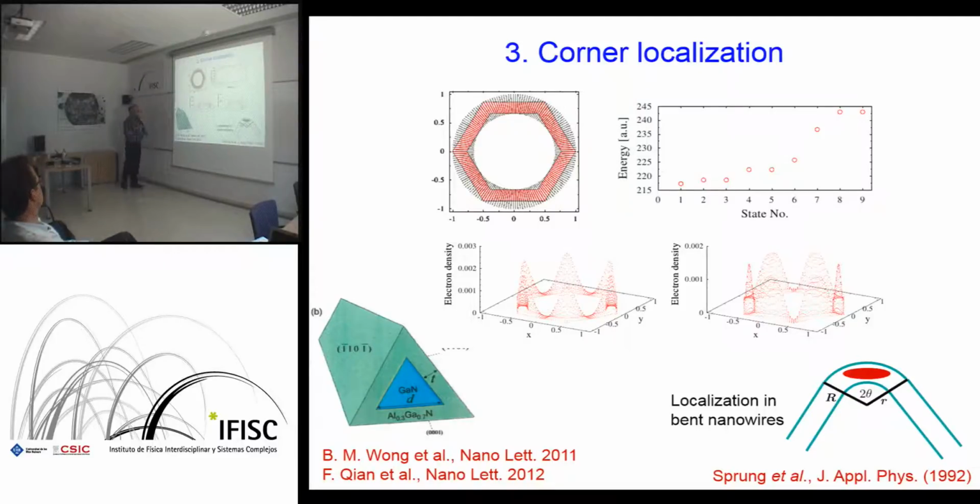Now, what is interesting about the corners is that they localize states. An older story about bent nanowires says that there will be bound states at the corner of just an ordinary nanowire, or if you want to have two nanowires making an angular junction.